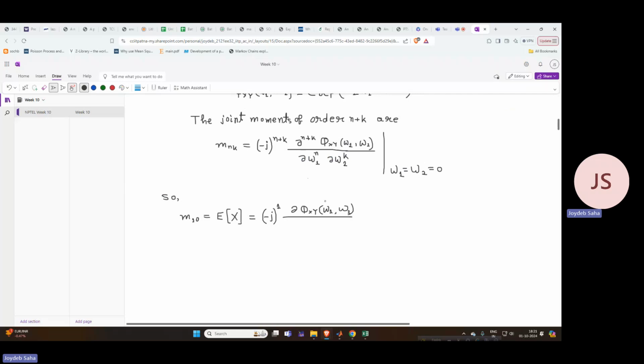Here n is 1 and k is 0, so it will be the derivative with respect to omega 1.